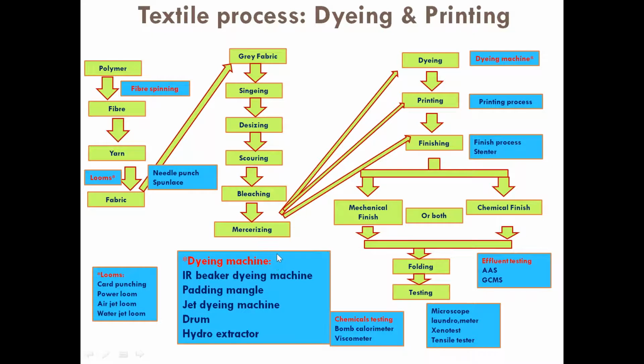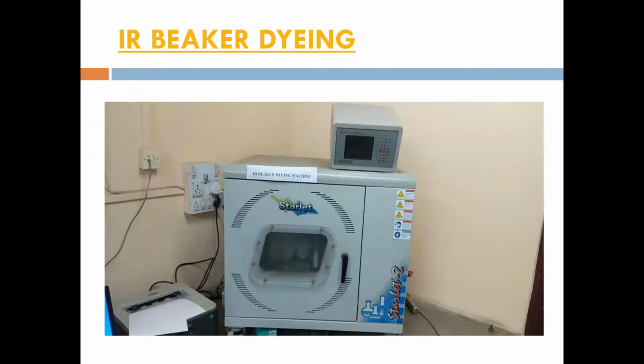Some of the processes I will show you how they are done in the laboratory, and then for one or two machines I will take you back to our center where commercial scale jet dyeing and stenter are installed. Then we will also go through some of the testing methods. So this is the remaining part.